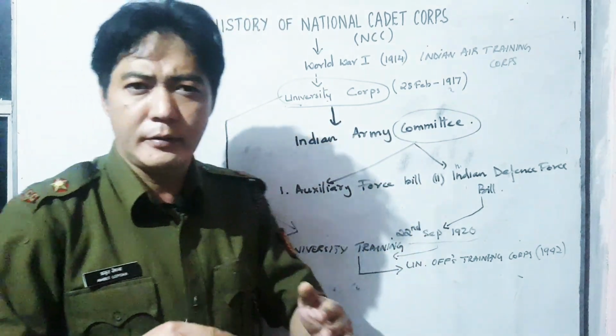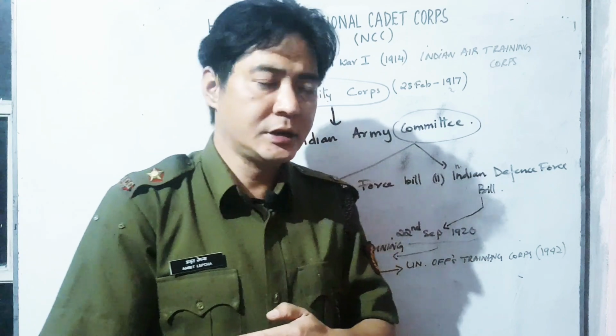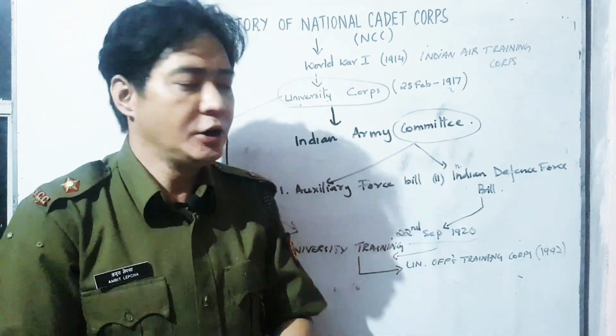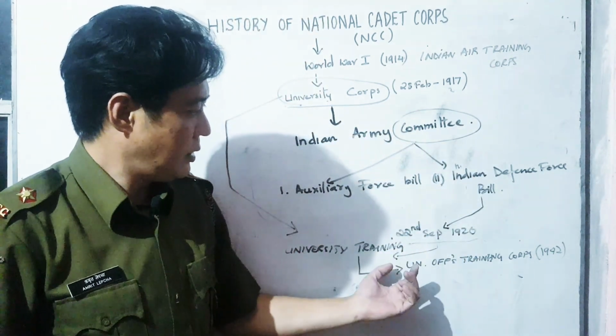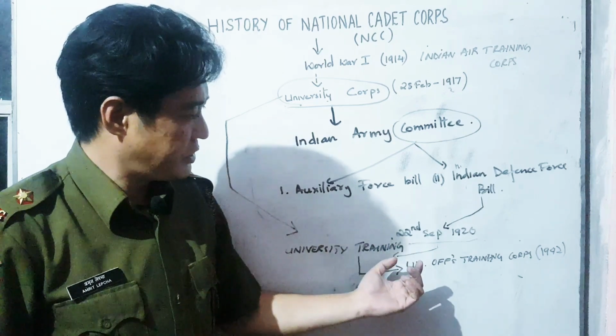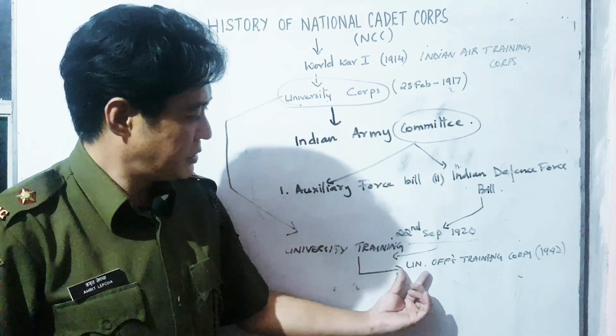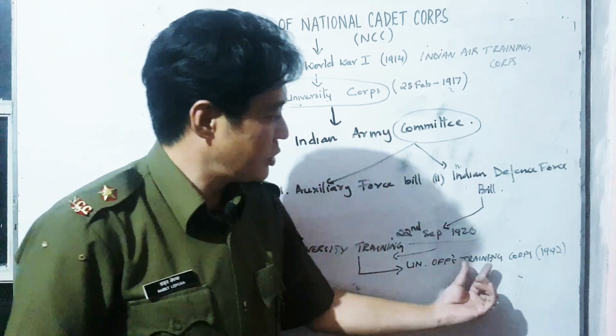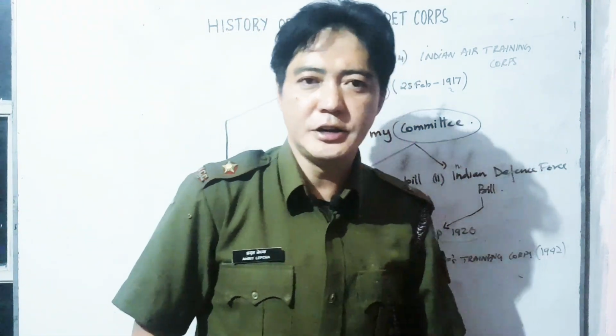Such types of units were established in various parts of the country. Finally, the youth organization's name was University Officers Training Corps in 1942.